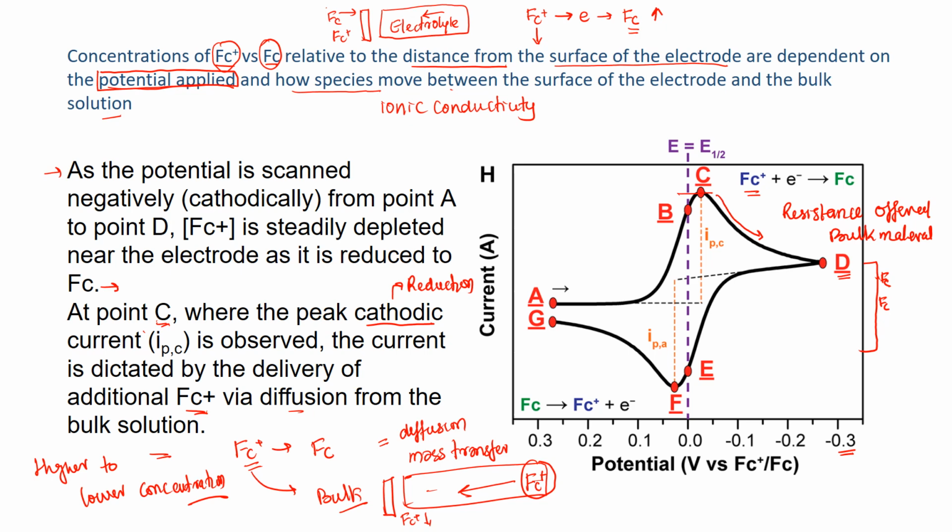So it will be difficult for the Fc plus ions to get attracted or to attach to the electrons which are present on the surface due to the increased negative potential. So Fc plus ions will find it difficult to reach the electrons, so thereby there is a reduction in current. So this is what happens from C to D.